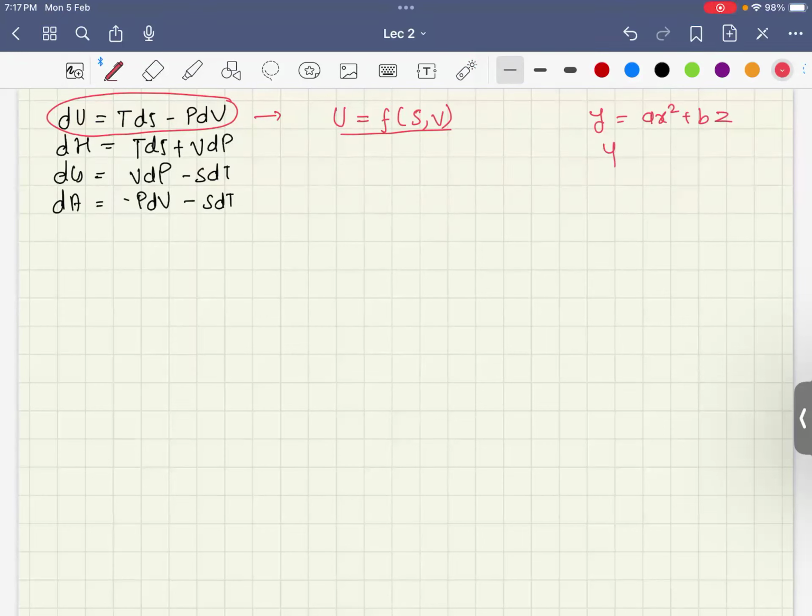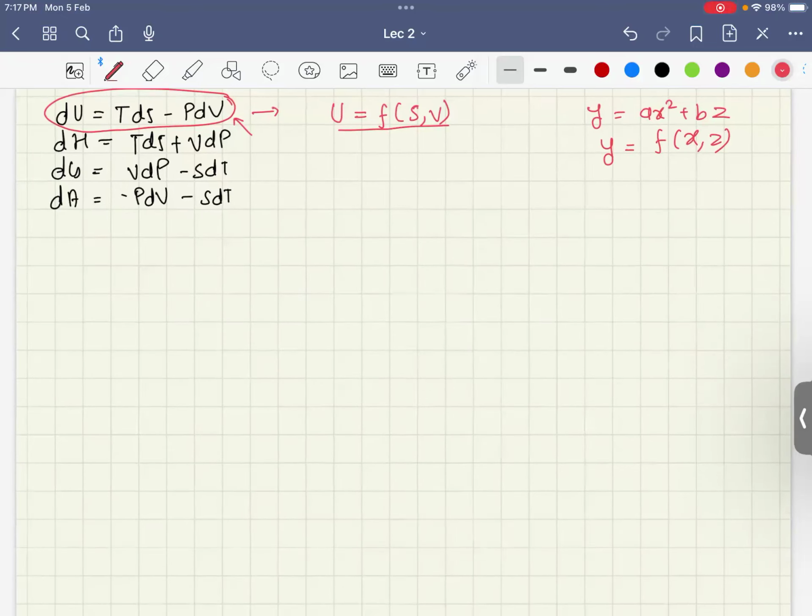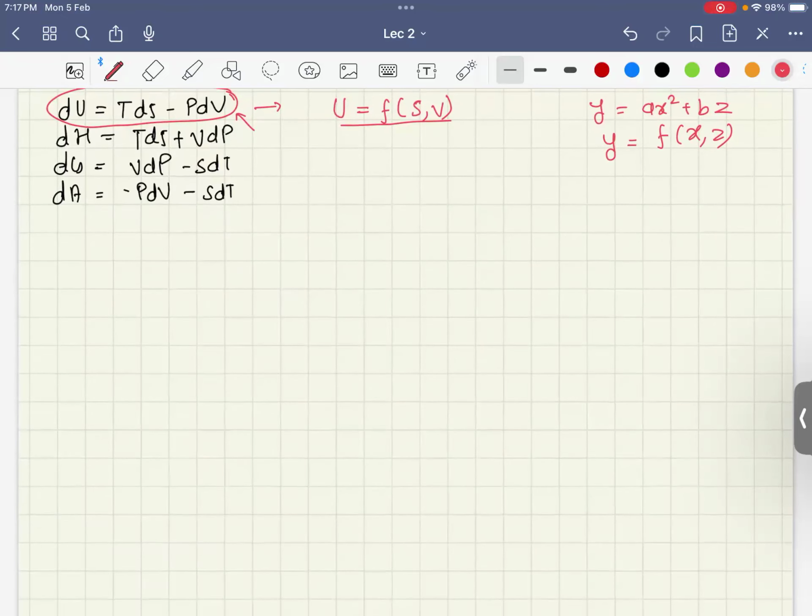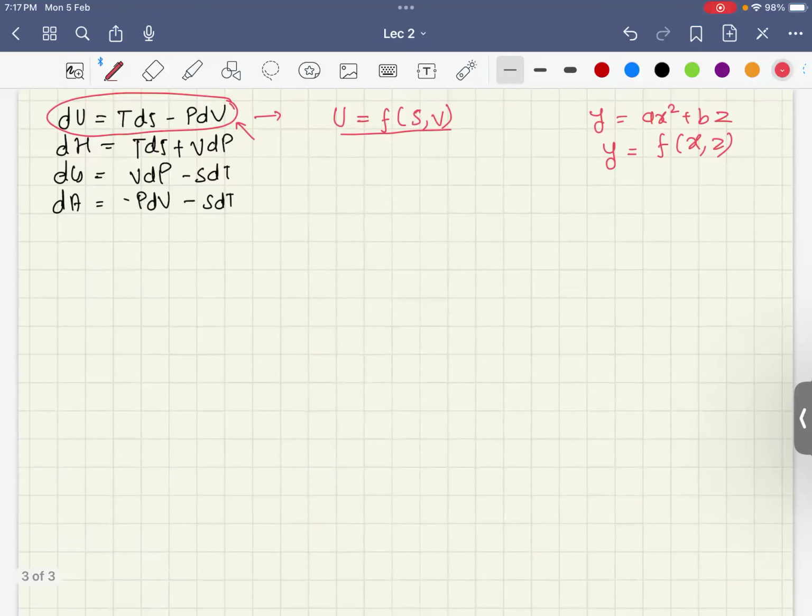So we say y is some function of x and z. Like this is what we are writing, and we know that all these thermodynamic properties, if you remember the first class, the definition of thermodynamic properties is that they have to be continuous everywhere.